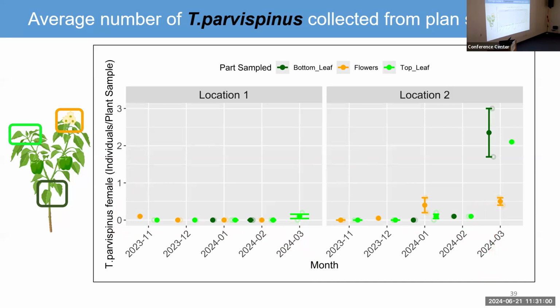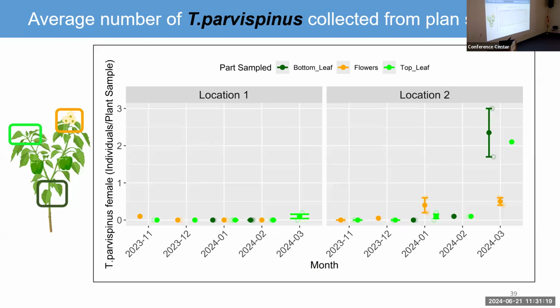The interesting part in these samples is that we have higher numbers on the bottom and top leaves. So we are trying to understand why that happened because we don't know exactly the behavior of these thrips.